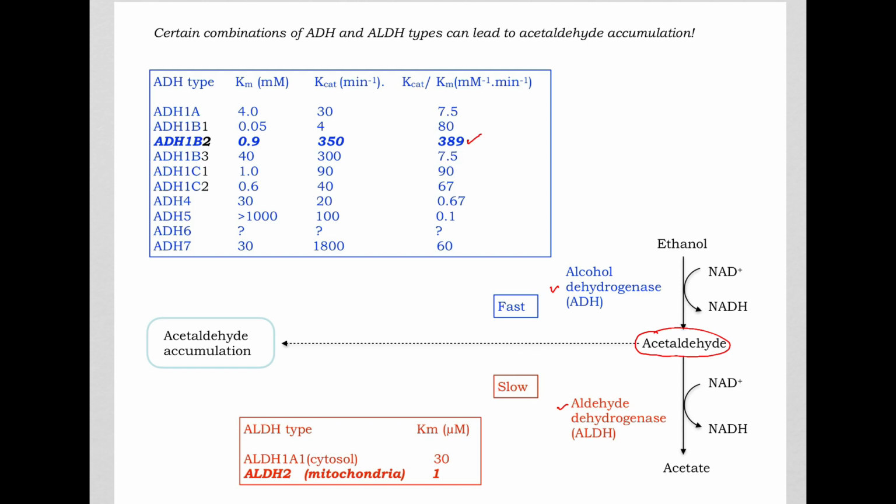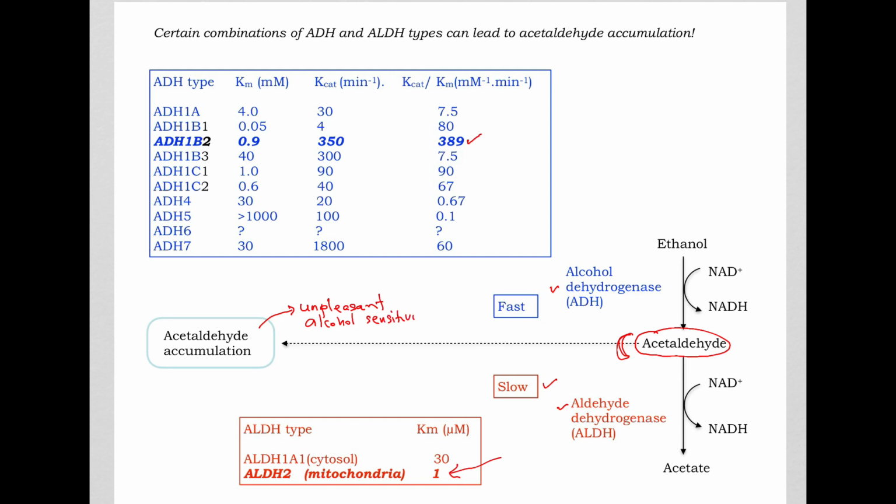And if you had a weaker form of the second enzyme, the ALDH2, the aldehyde dehydrogenase, then this reaction is going to be slow, and that's going to lead once again to acetaldehyde accumulation. And this acetaldehyde accumulation is going to cause the unpleasant effects that we discussed under alcohol sensitivity.